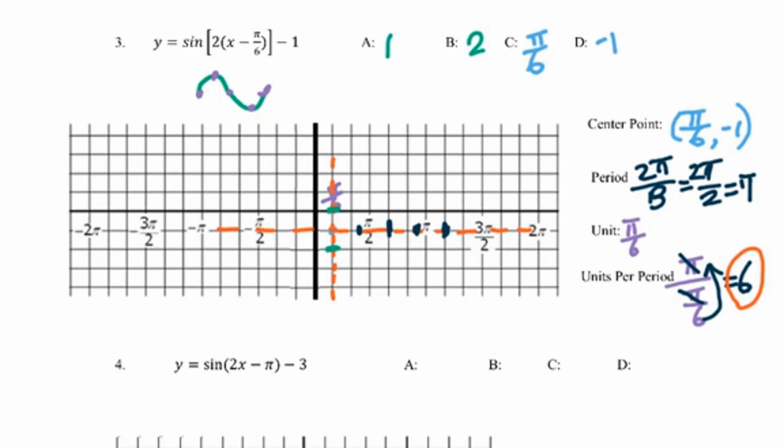That's get started from center. 1, 2, 3, 4, 5. So we will sketch the graph like this. That's the graph for one period.